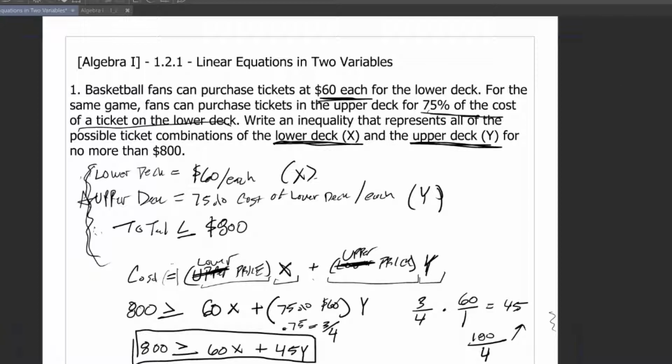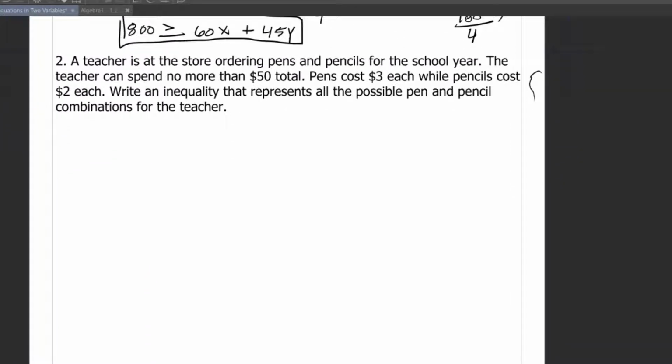Okay, so next question. It's going to generally use the same approach. A teacher is at the store ordering pens and pencils for the school year. The teacher can spend no more than $50 total. So first thing we write down, cost is going to be less than or equal to $50.